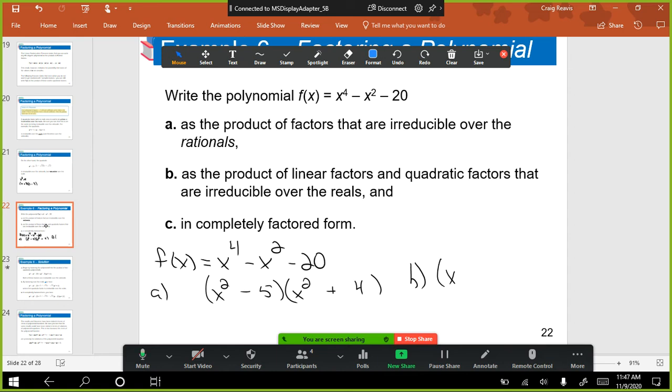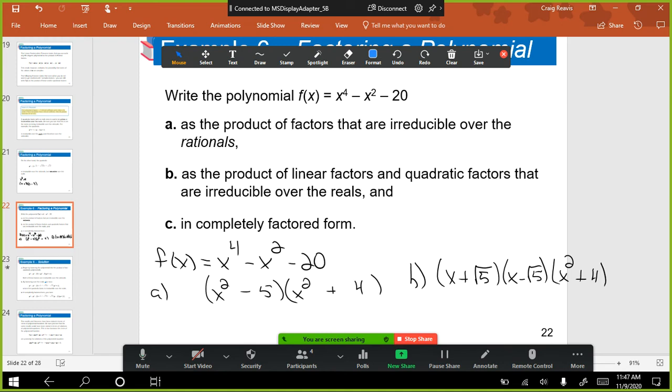I could factor that as x plus the square root of 5, x minus the square root of 5. I can't do anything with this one because if I factor it any further, it brings in imaginary numbers.